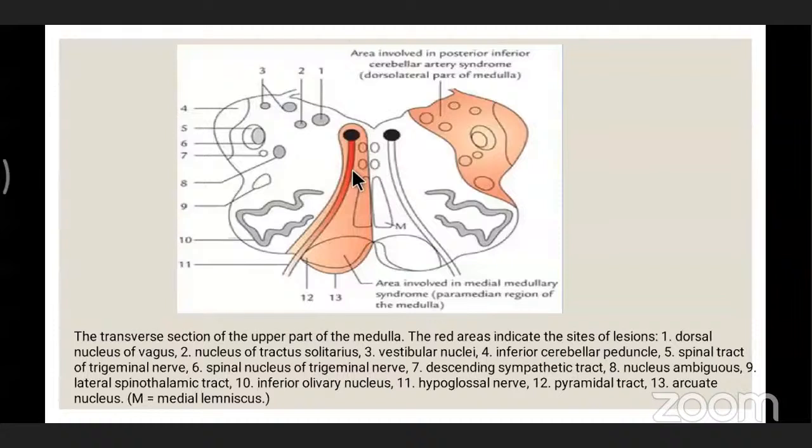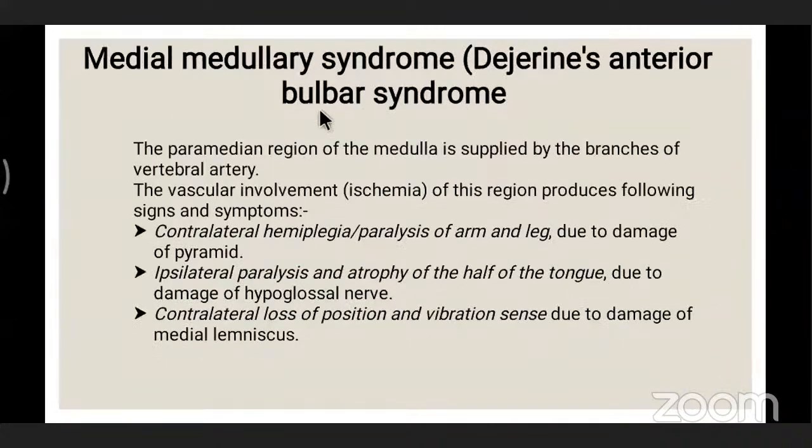There will be ipsilateral paralysis and atrophy of half of the tongue due to involvement of the hypoglossal nerve, contralateral hemiplegia due to the corticospinal tract, and contralateral loss of vibration and position sense due to involvement of the medial lemniscus. This was all about the clinical part of the medulla oblongata.